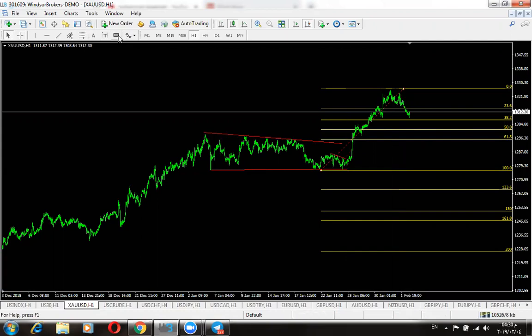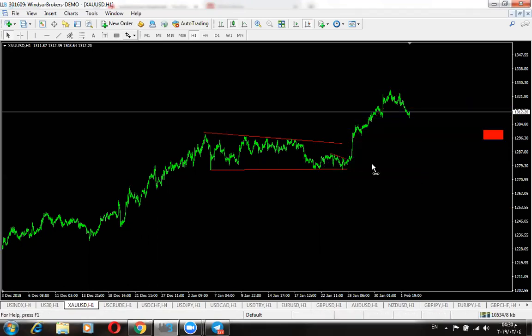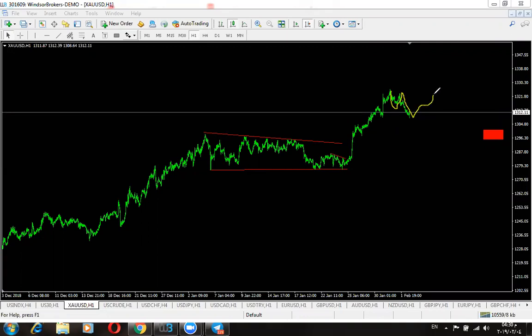This is the area of reversal for this piece of correction. So if you take any shorts for the gold, try to be very careful, since we are not able to identify the corrective structure which will happen right there.